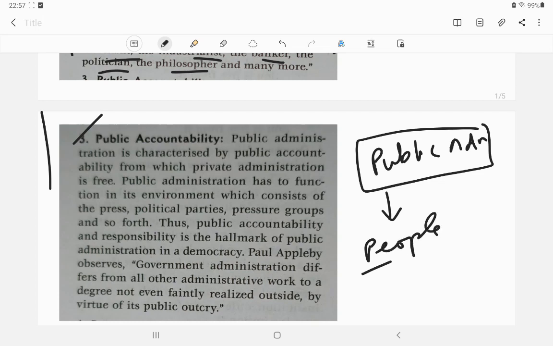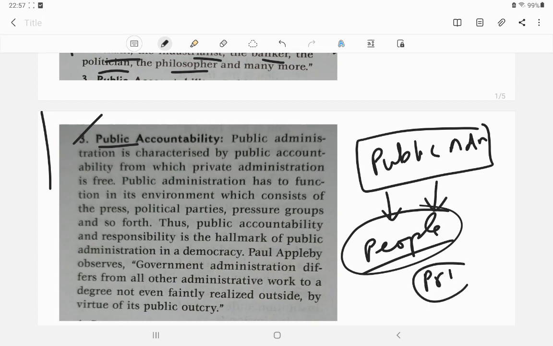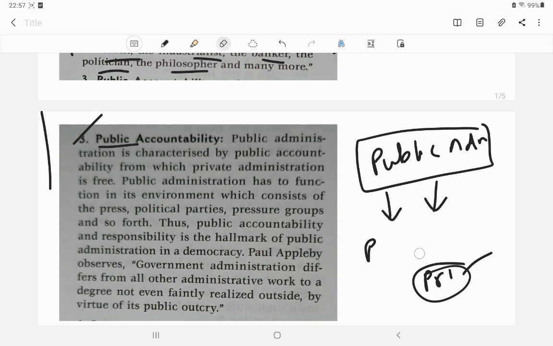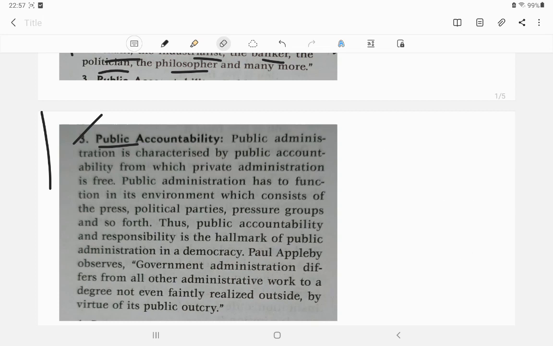The people are the source of power in a democracy. So public administration is accountable to the people. Private administration is not accountable to anyone; they focus on their business. So you can write this as public accountability.